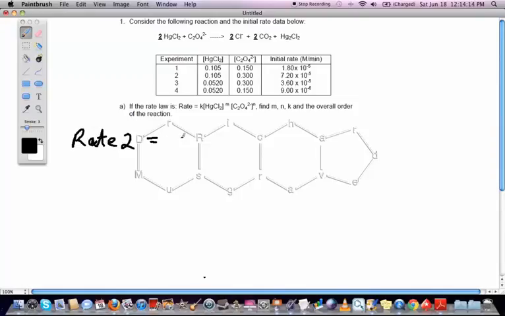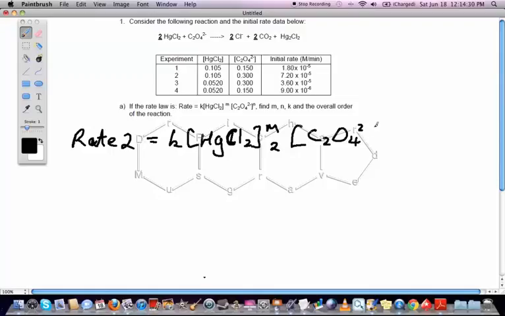So rate 2 equals K, HgCl2 to the M. I'll put a 2 down there because that's the second experiment. C2O4 2- to the value of N. And remember here, the reason I've chosen rate 2 over rate 3 is because that's going to allow these two to come out to a whole number as well.